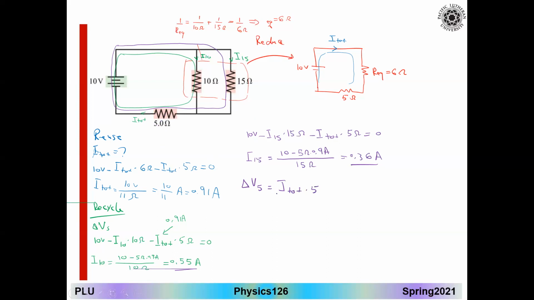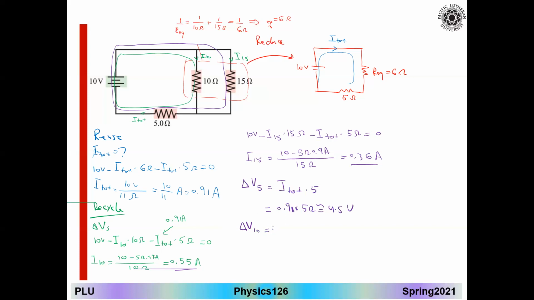So I total times 5 will be 0.9 times 5. Here is the amp and here is the ohm. So we get 4.5 volt. This is the voltage across the 5 ohm resistor.